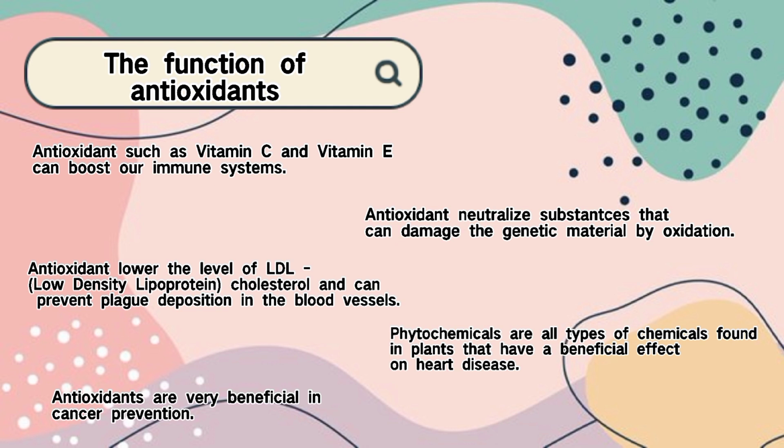Third, antioxidants lower the level of LDL cholesterol and can prevent plaque deposition in the blood vessel. Besides that, phytochemicals are all types of chemicals found in plants that have a beneficial effect on heart disease. Lastly, antioxidants are very beneficial in cancer prevention.